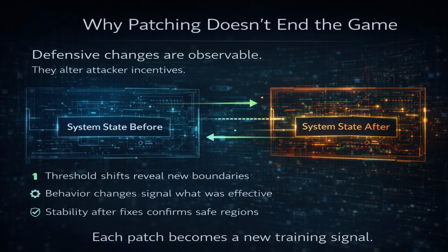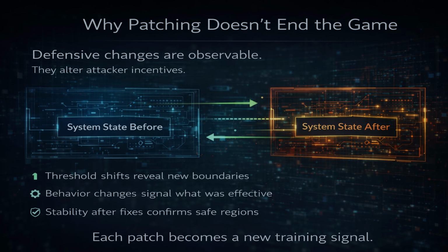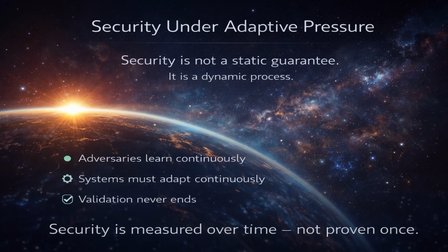New boundaries expose where the system now reacts, and stability after fixes confirms safe operating regions. Over time, each defensive response provides additional information that adversaries learn from. The result is not an end to the attack, but a refinement of it, where every patch becomes a new training signal.